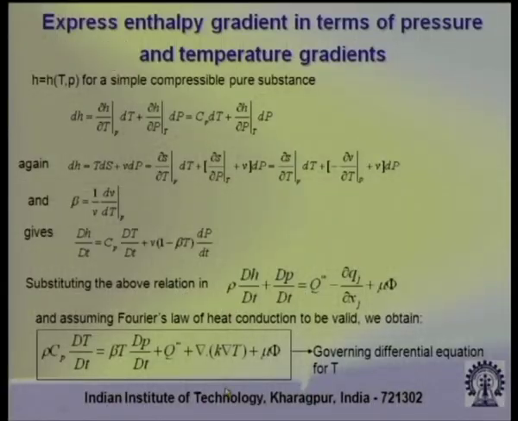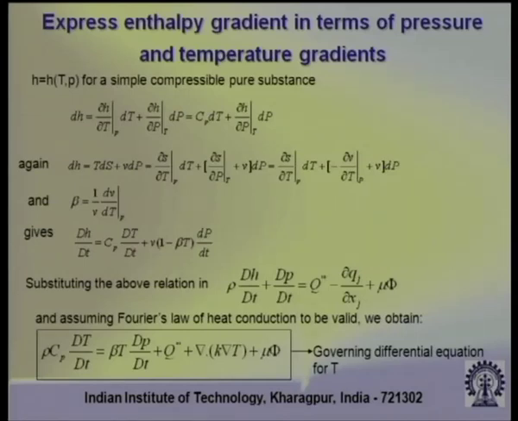So, with the thermal conductivity K appearing here, you can see that you have a form of the energy conservation equation, where on the left hand side there is the total derivative of temperature. You have rho into Cp, which has evolved from this transformation of enthalpy to temperature, so you have the density and the specific heat.